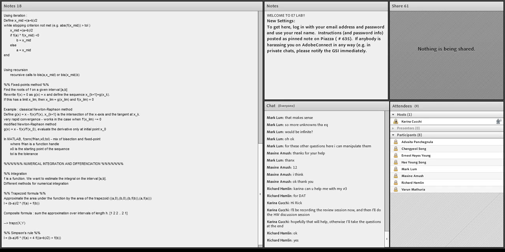And so the sum of the coefficients is 6, so therefore you divide b minus a by 6. So this Simpson formula happens to be exact for polynomial functions with a degree smaller or equal to 3. So this is a very nice property.